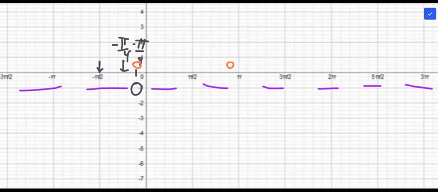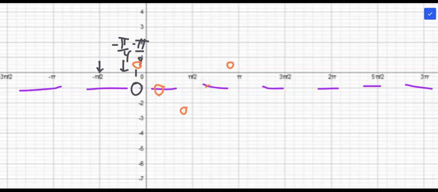Halfway in the middle, I'm all the way down at the bottom of the wave. That's 1.5 units below, so something like that. Guess I can undo that. I don't need those marks. Halfway in between here and here, center line.